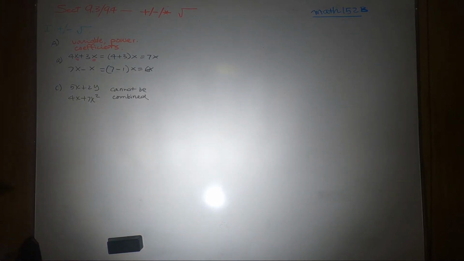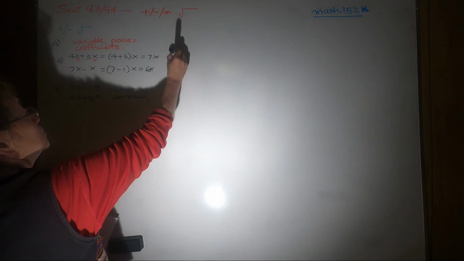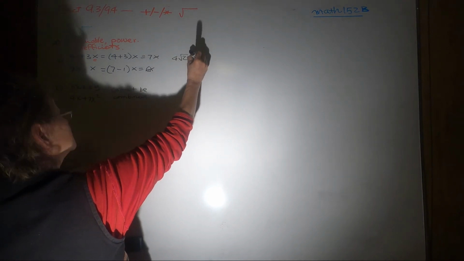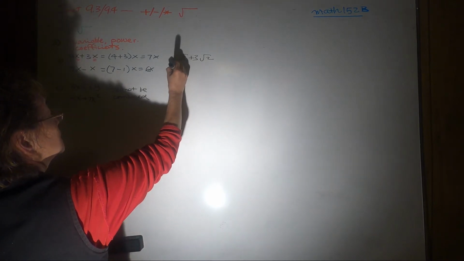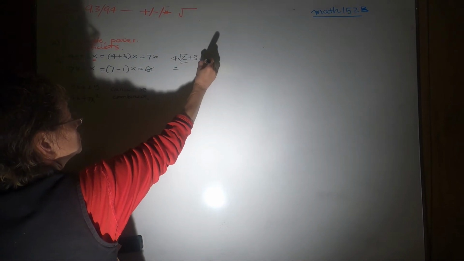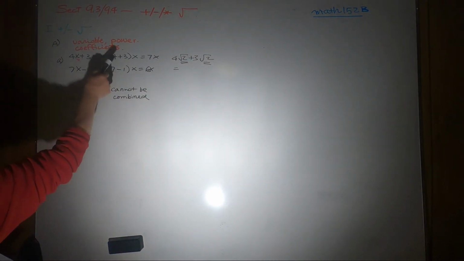For the radicals, we do the same thing. If you have 4 square root 2 plus 3 square root 2, what do you think? You will automatically treat square root 2 as the same thing as your x.